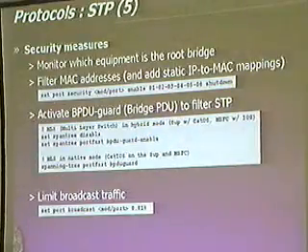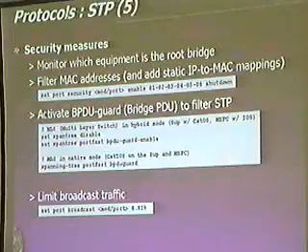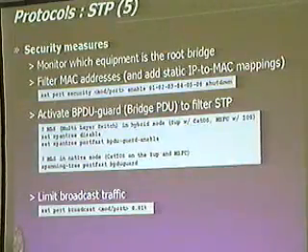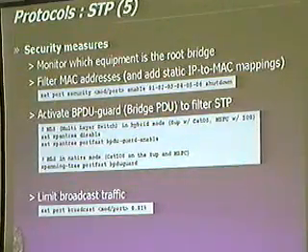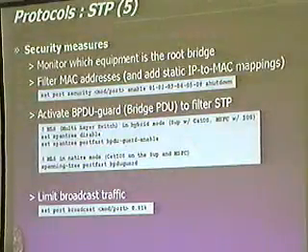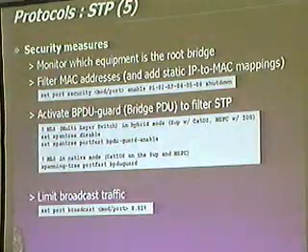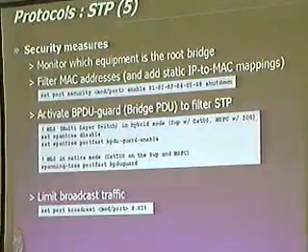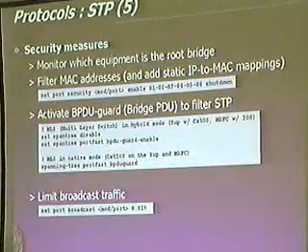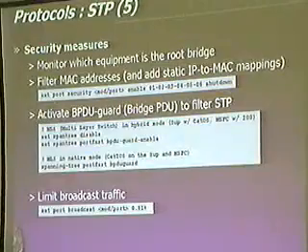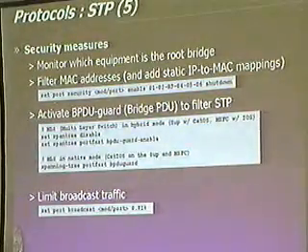Another thing you can do is filter the MAC addresses that can be available on each port. Depending on your equipment, you have a different command set. Here we are presenting the command for Cisco switches. So you can just define which MAC addresses are available on a port to avoid someone plugging into your network.